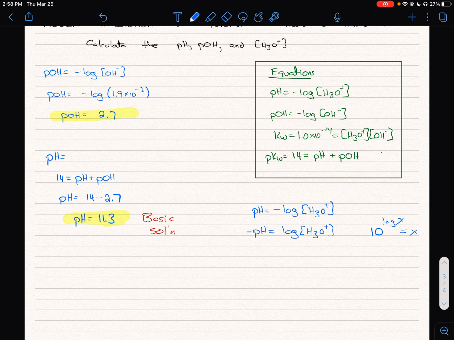And so if we do 10 to the negative pH, that's going to be equal to the concentration of hydronium. So 10 to the negative 11.3 equals 5.0 times 10 to the negative 12th molar. And there is the concentration of hydronium.